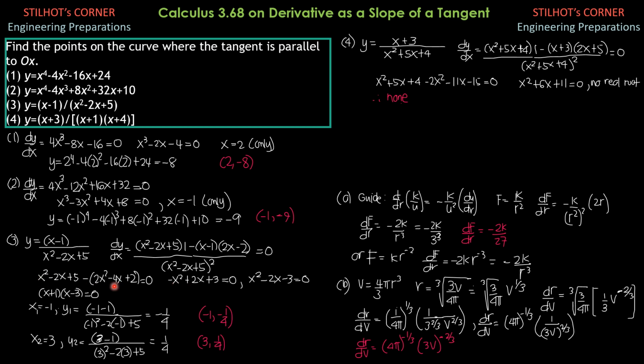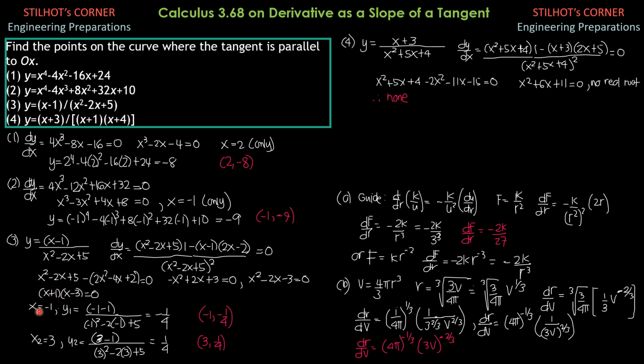This is positive 4x minus 2x, so positive 2x, then 5 minus 2, positive 3 equals 0, which after multiplying everything by negative 1, it becomes x squared minus 2x minus 3 equals 0, which can be factored into x plus 1 and x minus 3 equals 0. So which checks.